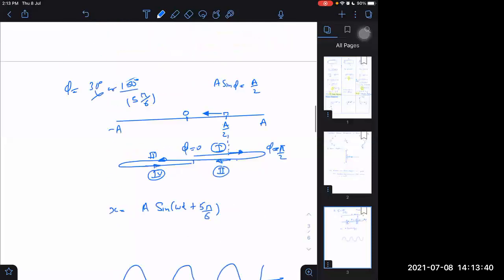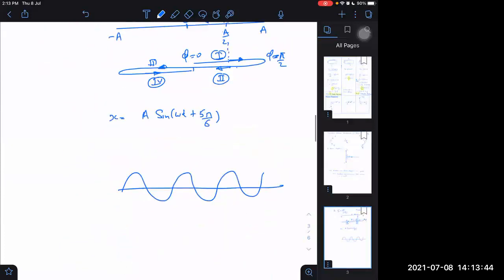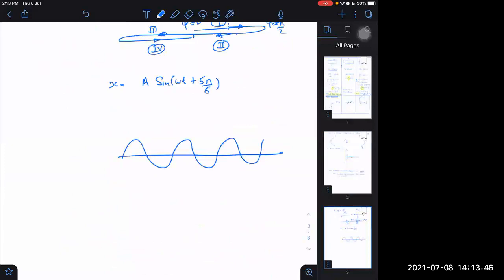The graph also we should be able to make. How to make the graph? It starts at 0. Up to this it is the first quadrant, then second quadrant, third quadrant, fourth quadrant. I should cut it at the second quadrant, somewhere here.